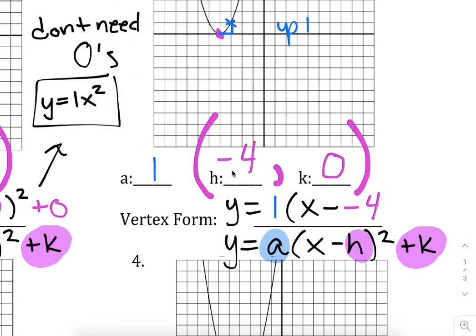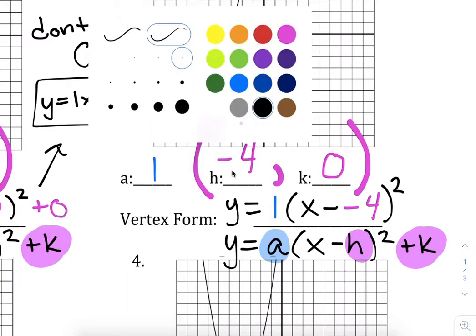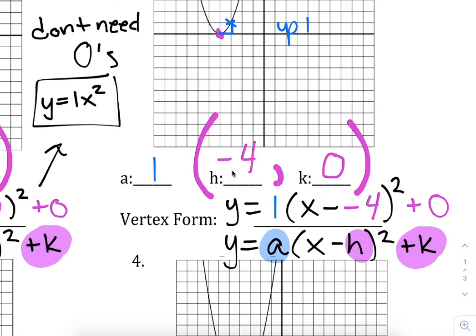We never want to leave 2 negatives in a problem like this, okay? So if I'm looking at this, I'm not allowed to have minus negative 4. Whenever you see this, I want you to take it, let me grab a different color, let me grab green. I want you to take these 2 negatives and make them into one really big plus sign. They have to have different signs. Whatever this one is, this one has to be different, okay?